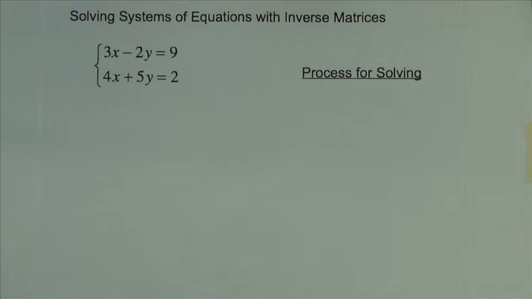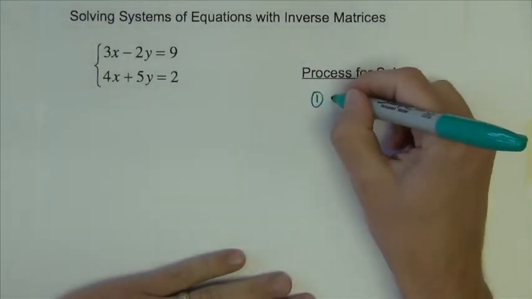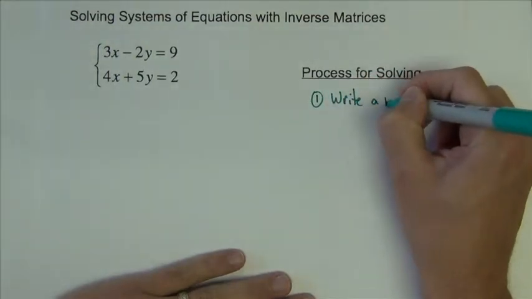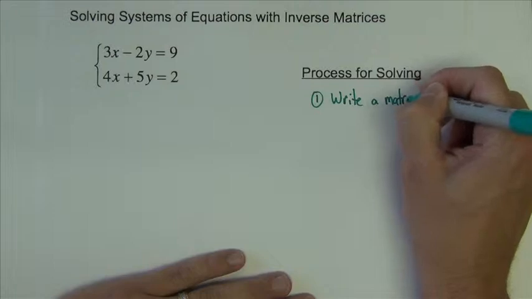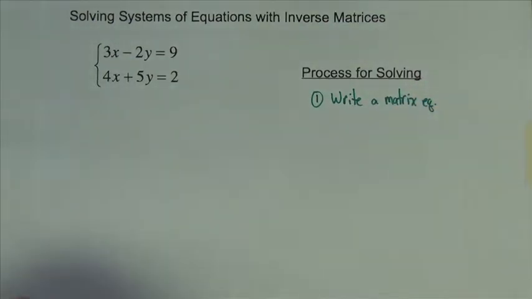Finally, we're going to use these inverse matrices to solve systems of equations. The first thing I'm going to do when solving a system with inverse matrices is write a matrix equation. The matrix equation is going to look like this.